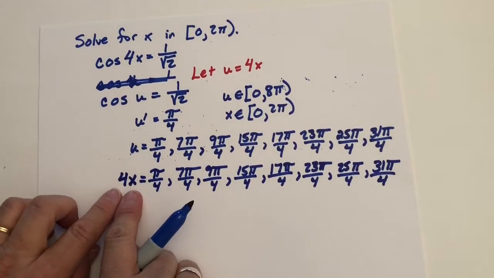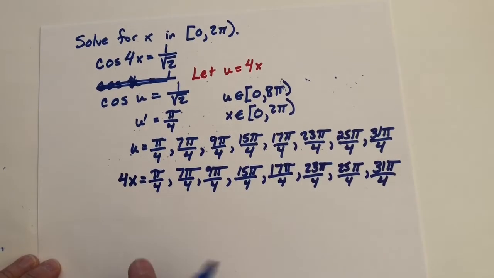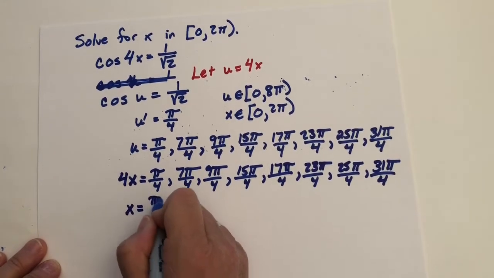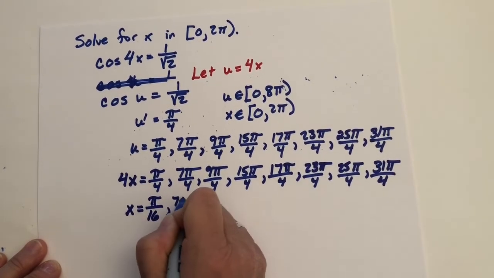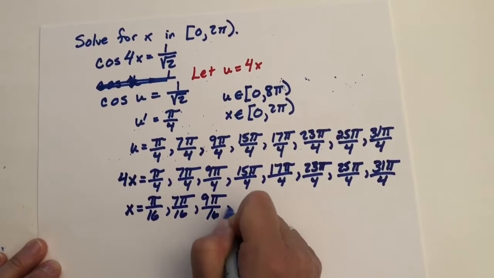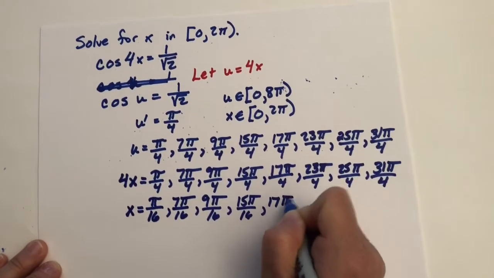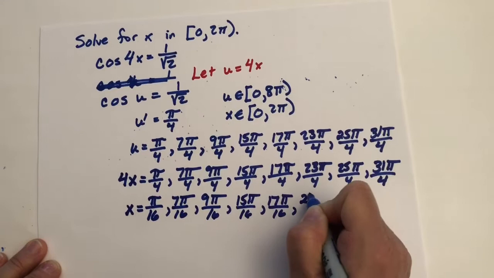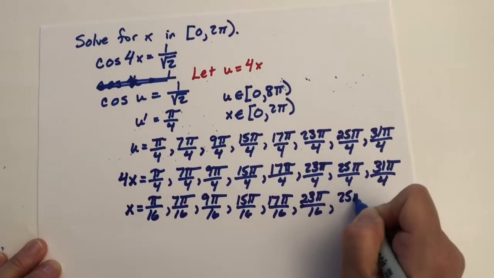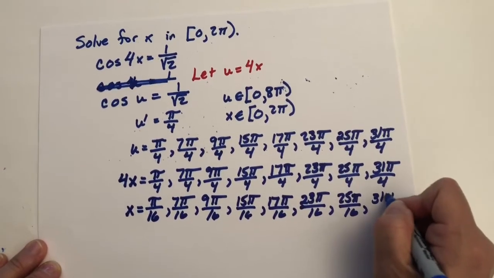And now to finish solving for x, we're going to divide by 4, or think of that as multiplying by a fourth. So our solutions are pi over 16, 7 pi over 16, 9 pi over 16, 15 pi over 16, 17 pi over 16, 23 pi over 16, 25 pi over 16, and last 31 pi over 16.